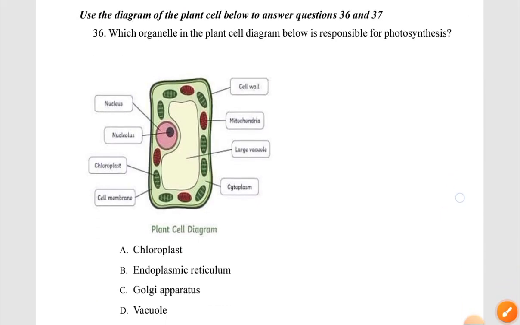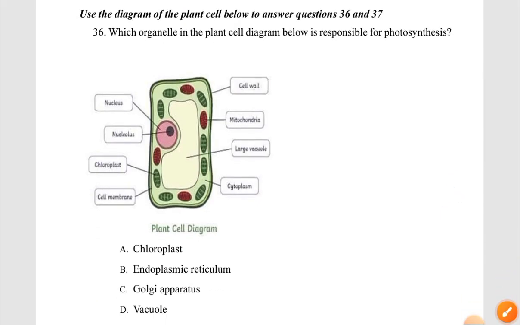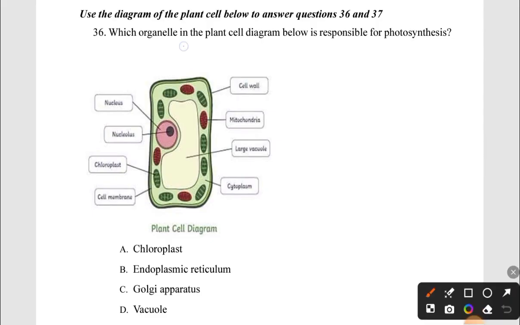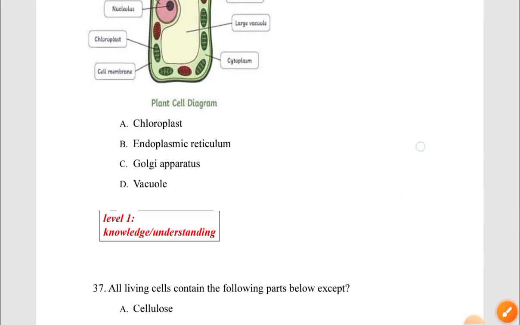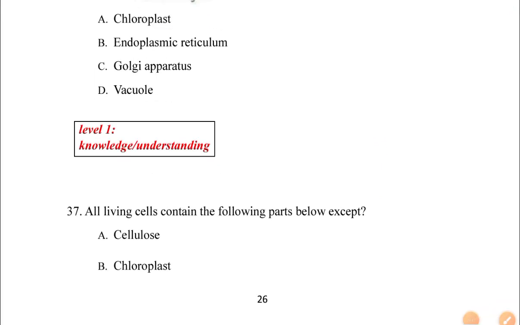So question 36. Which organelle in the plant cell diagram below is responsible for photosynthesis? It is the chloroplast. A. Question 37. All living cells contain the following parts except cellulose.